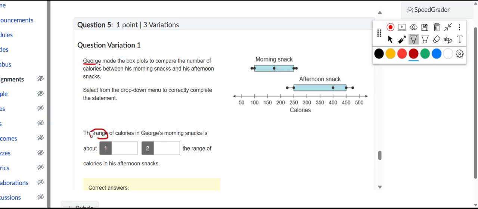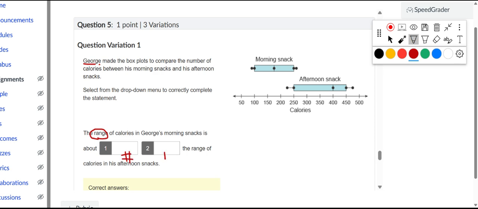Oh, this one is range, though, so be careful. This one says the range of calories of the morning snack is about blank blank the range of the afternoon snack. So I would first click on the boxes to see what kind of words they are looking for. In here, they're looking for a number.